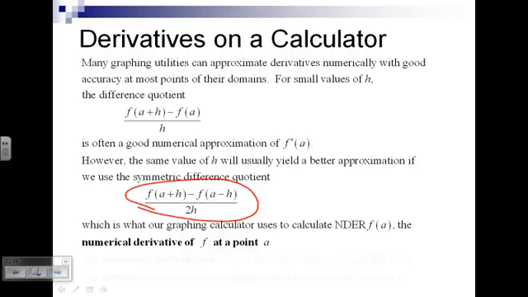For example, let's say f is equal to x squared and a is equal to 1, and I would like to know what is f prime of a? What's a good estimator of f prime of a?